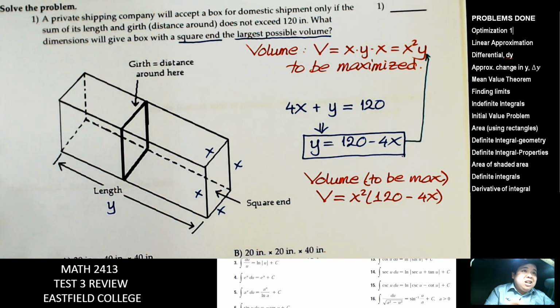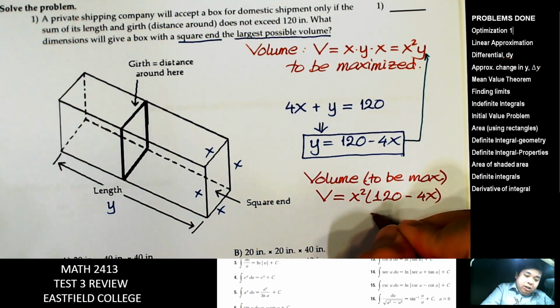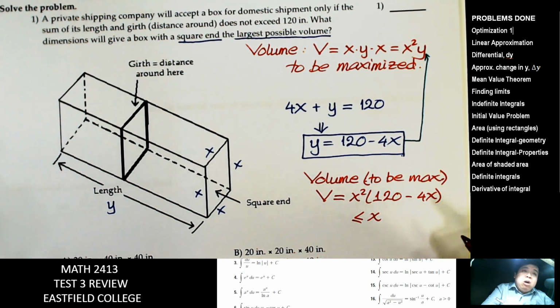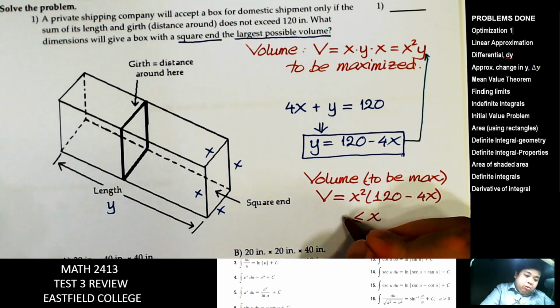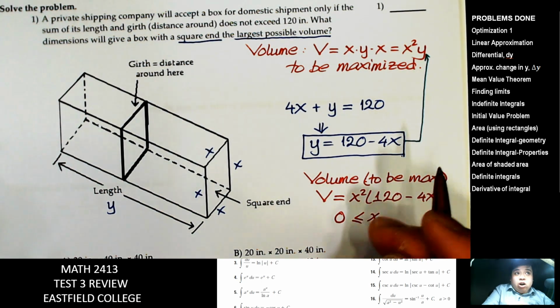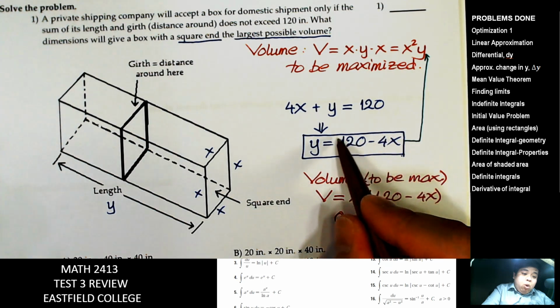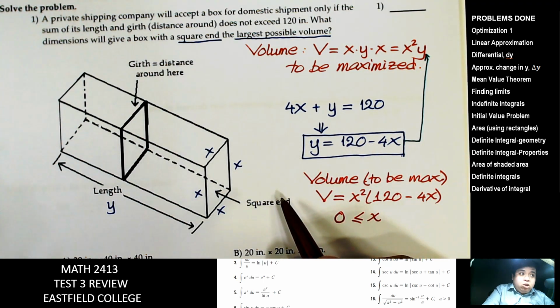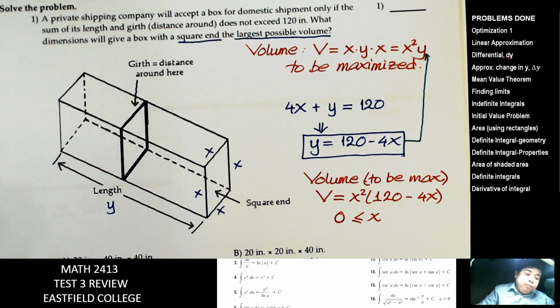Also, the one thing we need is the boundary for x. We need x to be greater than or equal to 0, because a measurement cannot be negative. Another restriction is that we want y to be positive as well, because that is also a measurement.